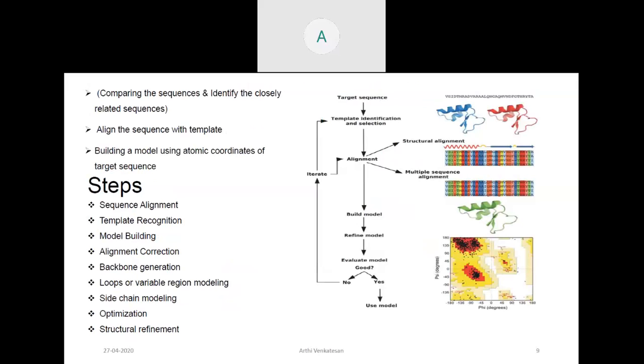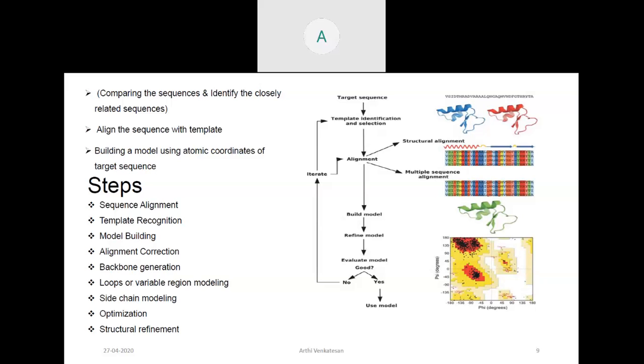I select my template based on homologous sequences. Then I go for alignment, which can be structural alignment and multiple sequence alignment. Structural alignment means you look at helices and loops. Protein structure is made up of the primary structure, the linear chain of amino acids, then the secondary and tertiary structure, and the secondary structure contains alpha helices and beta pleated sheets. So you do the structural alignment based on alpha helices and beta pleated sheets.